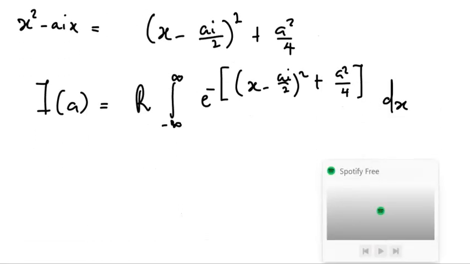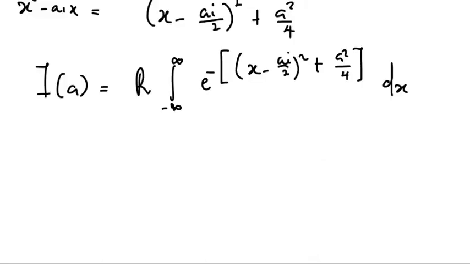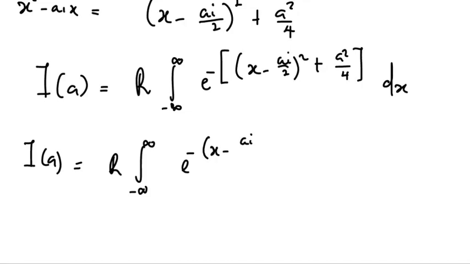So open that big bracket with that negative sign. So here we have I of a equals the real part of the integral from negative infinity to positive infinity of e to the negative (x minus ai over 2) squared minus a squared over 4, and then dx.